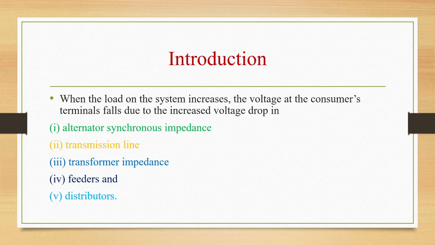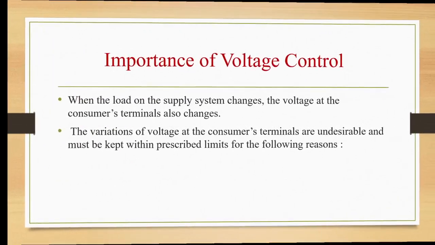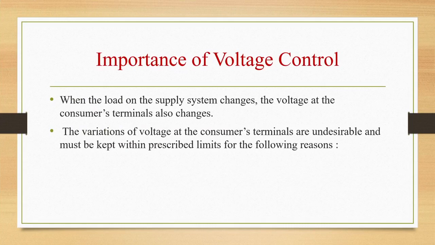Whenever the load on the system increases, voltage at the consumer's terminals will fall due to the increased voltage drop in alternator synchronous impedance, transmission line, transformer impedance, feeders and distributors. So let us see the importance of voltage control.